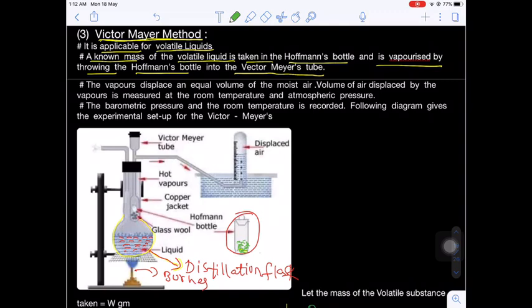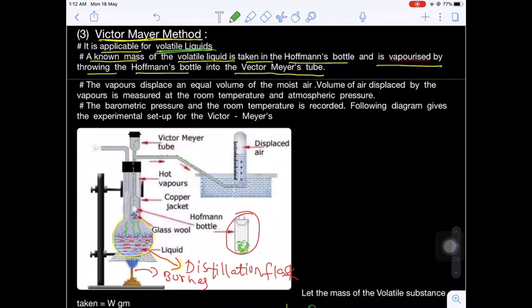On heating, the liquid boils and these vapors heat the liquid present in the Hoffman bottle. This liquid readily undergoes evaporation because it is a volatile liquid. These vapors go into the Victor-Meyer tube.